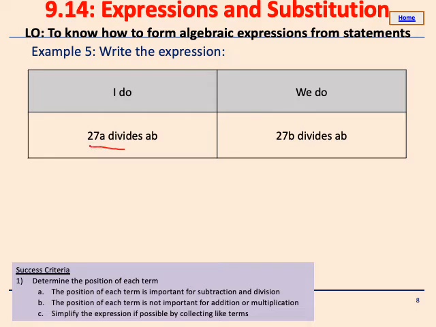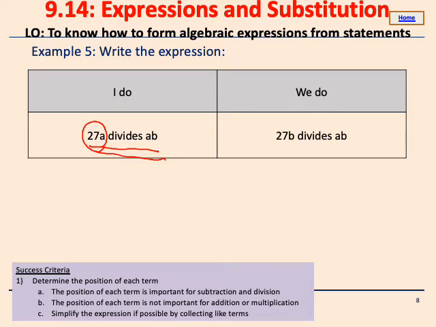So now again, we're going back to reading very carefully. We can't rush through this and just think that says 27a divided by ab. Now it says 27a divides. So it's the 27a that is doing the dividing. That is the divider.